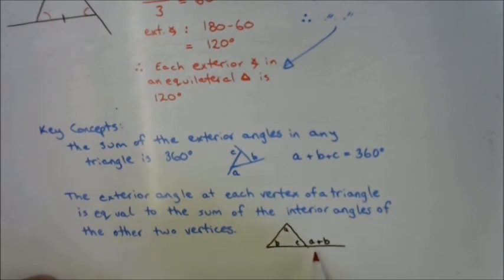Well, that's the exact same thing that's happening here. Both of these angles together add up to 180, just like the interior angles of a triangle add up to 180. So I could find C by adding up A and B and subtracting it from 180. Okay? So this is good to remember. You're going to be using this. This is one of the tools in your tool belt now as you're problem solving and finding angle measurements. The two other vertices' interior angles in a triangle are the same as the exterior angle.